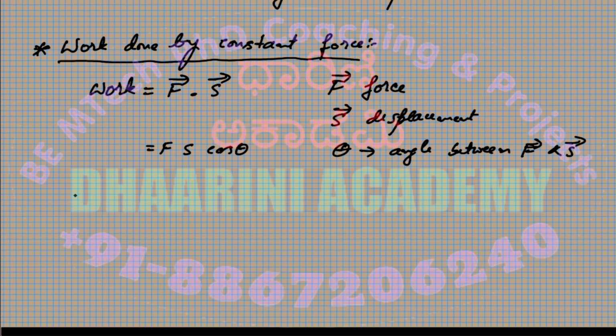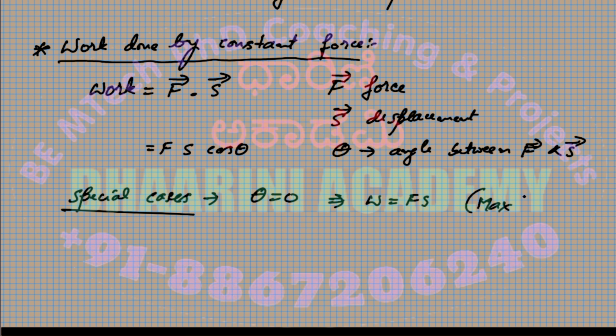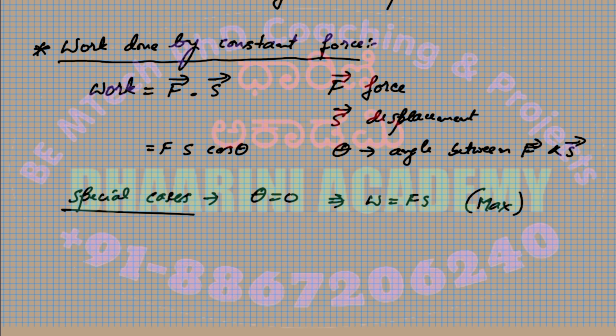Okay, so using that we can easily calculate. So there are definitely some special cases. The special cases are dependent on the theta itself, right? Let us say theta equal to 0. So cos 0 is 1, so work done is simply F into S. Cos 0 is 1, so this is normally the maximum value of the work. Whenever the force and the displacement are in the same direction, theta is 0, maximum work is done.